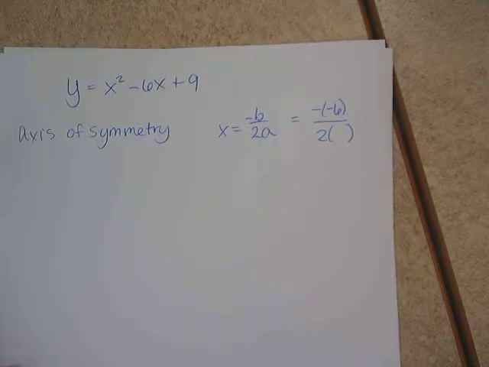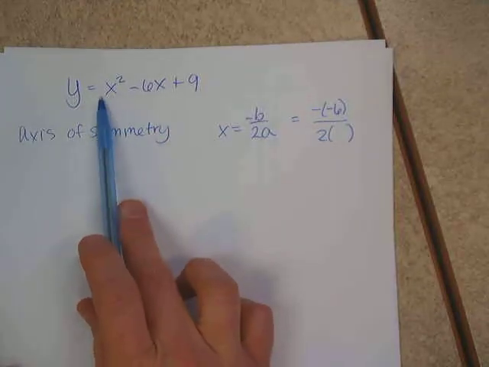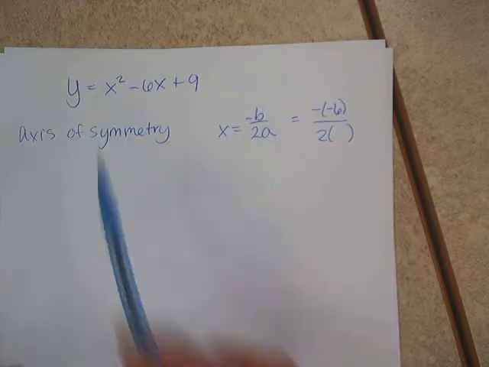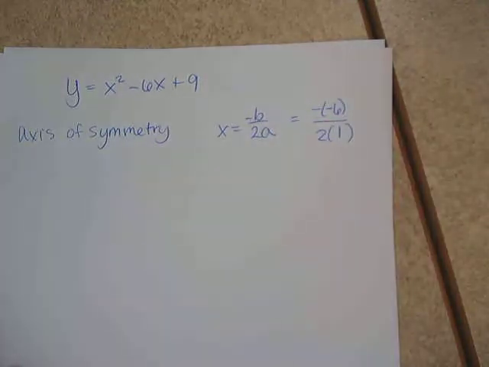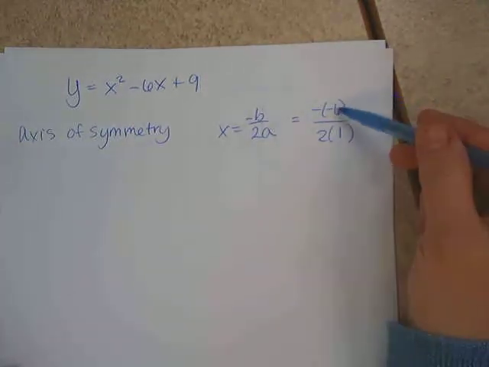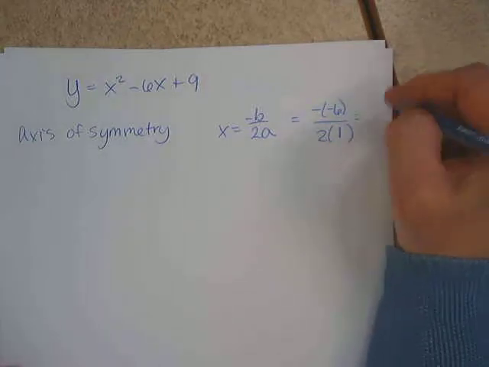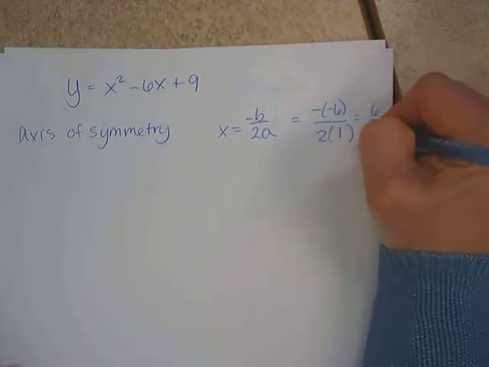All right, so what is my b value? -6. So notice now I've got a negative, negative, and what is a? What's next to x squared? 1, not 0. You remember from factoring, just because there's not a number there doesn't mean you want 0.